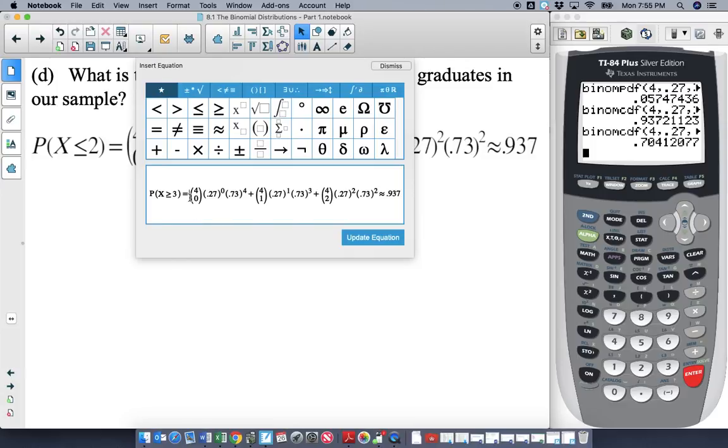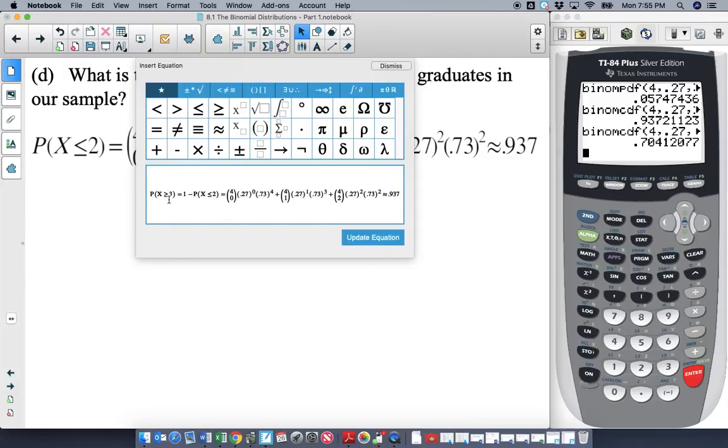which is the same thing as the probability that x is, again, I always like to put this in less than or equal to notation. If I do 1 minus the probability that x is less than or equal to 2, then that would give me the probability that x is greater than or equal to 3.